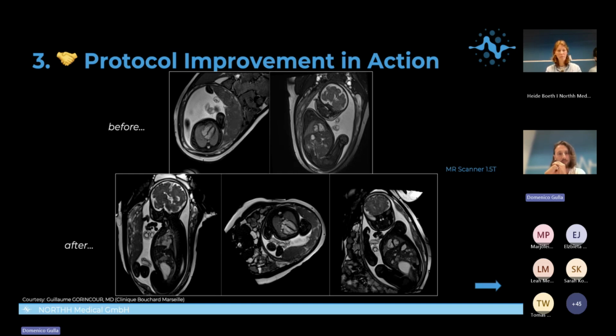It depends on the patient, it depends on everything. Then the second time we tried to improve it, and in the lower part you can see the three images. We got really nice image quality, at gestational week above 30, on 1.5 Tesla. We have the images of the left of the arch, the four-chamber view, and then the short axis view.